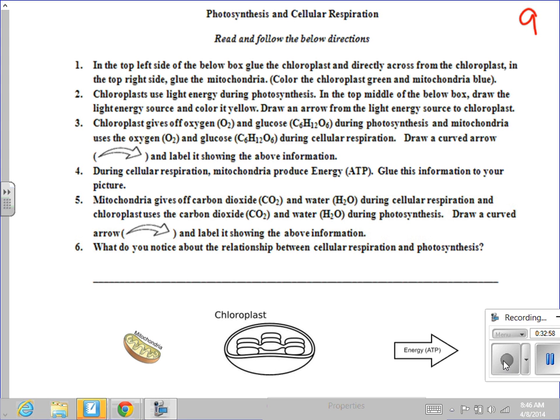At number 3, this is where I want to help you. Down where it says draw a curved arrow, I've given you an example of a curved arrow and label it. What do I mean by drawing a curved arrow?